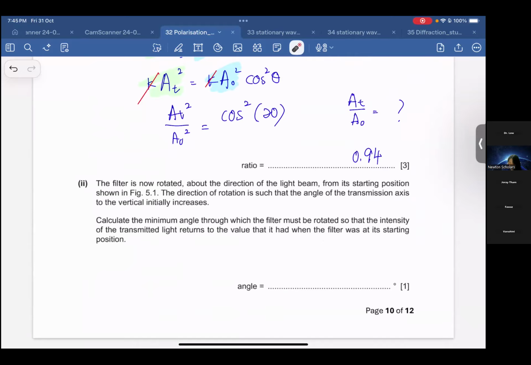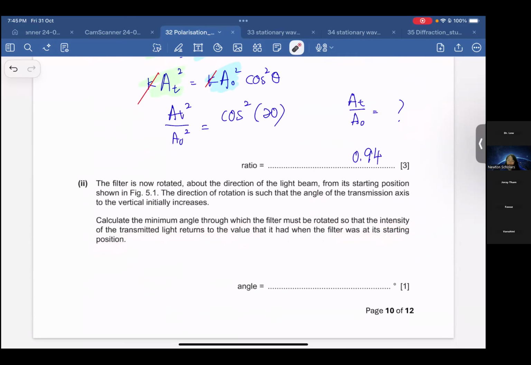Calculate the minimum angle through which the filter must be rotated so that the intensity of the transmission returns back to the value that it had when the filter was at the initial position.